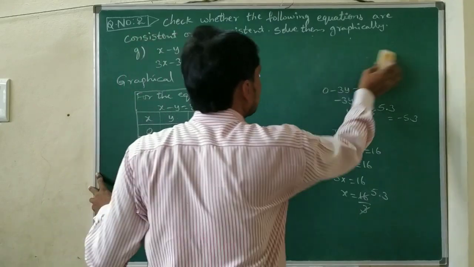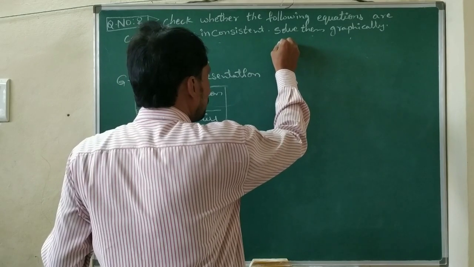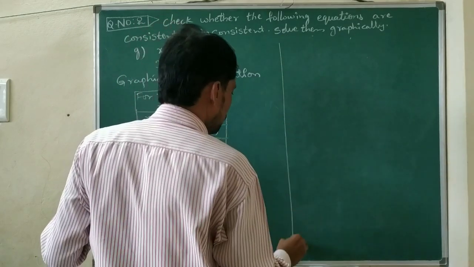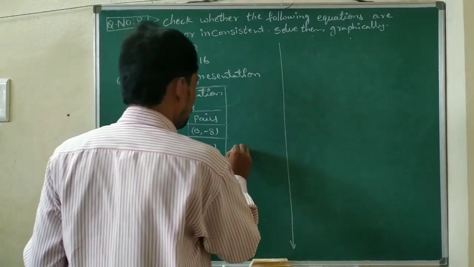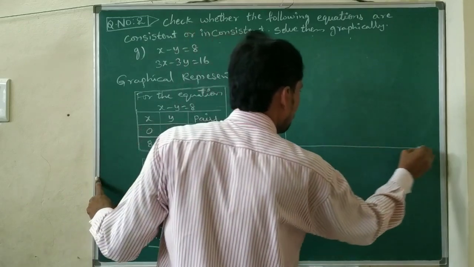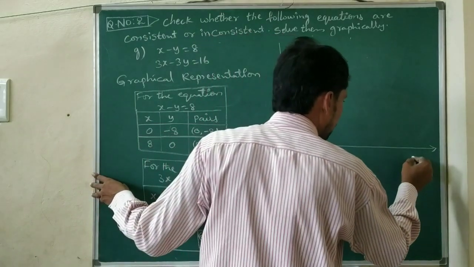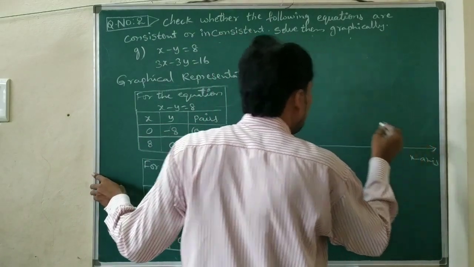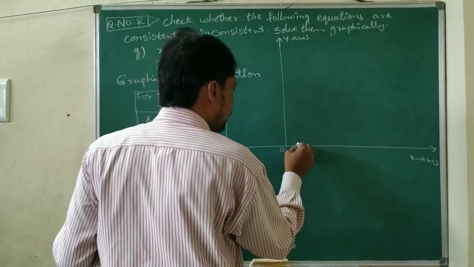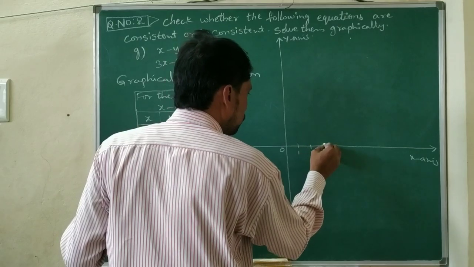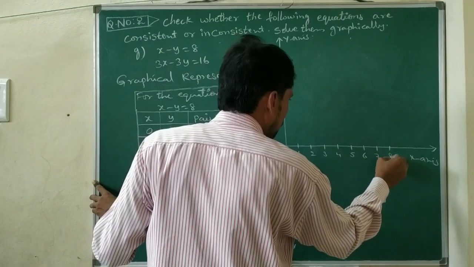Now here, both intersecting point is 0. This is the x-axis and this is the y-axis. On the right side of 0 are positive values 1, 2, 3, 4, 5, 6, 7, 8, 9.